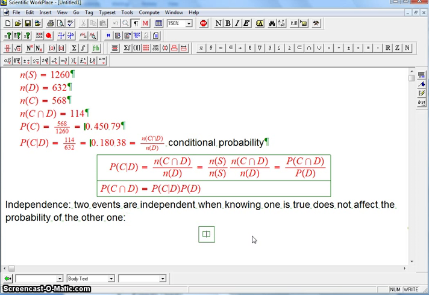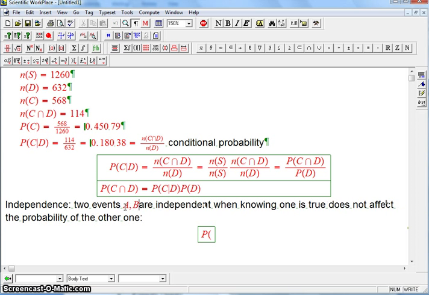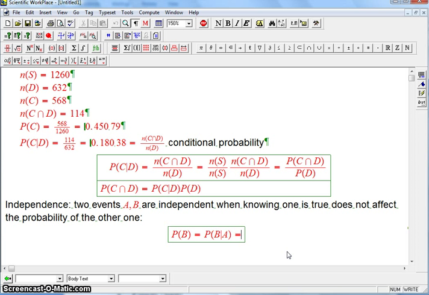Okay, and that's exactly to say that, let's continue with C and D. Let's say A and B, because A and B are not independent here. It would be when the probability of B is equal to the probability of B given A. When I don't care about that information you told me about A, it hasn't changed my mind at all. So in other words, that's because we know that's this guy with the letters changed.